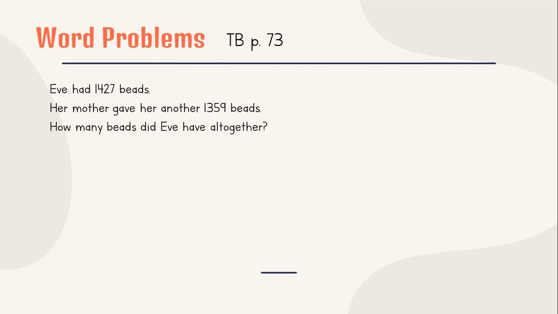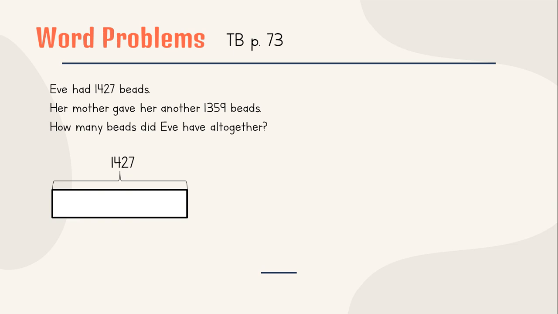As you can see from the story, first Eve had 1,427. So we can build a box. This is what we call a model. So we can build a model for Eve. How many at first? 1,427. After that, her mother gave her another 1,359.